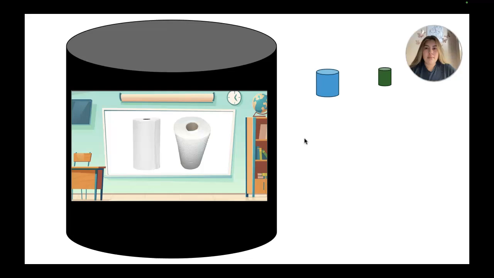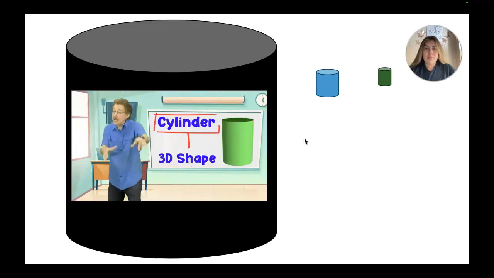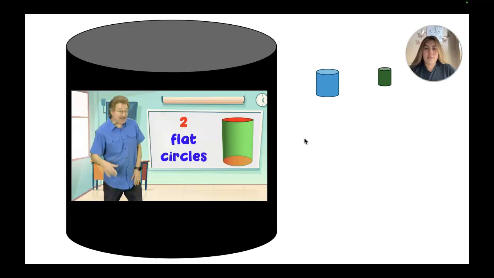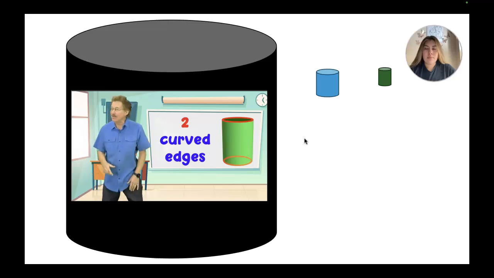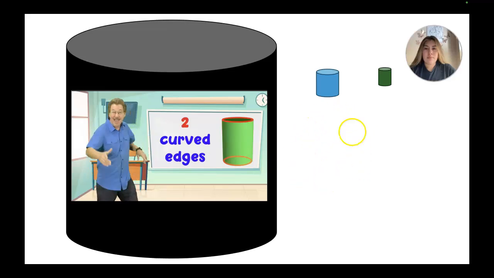A paper towel has a 3D cylinder shape. A jar of jelly has a 3D cylinder shape. A pencil shaft has a 3D cylinder shape.